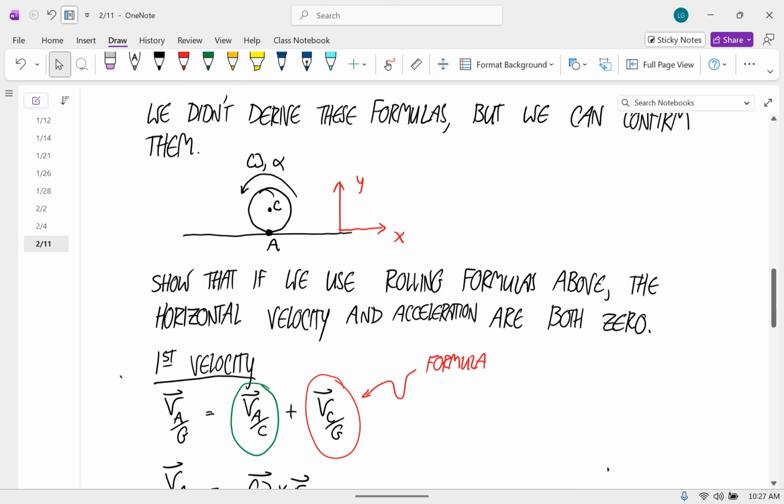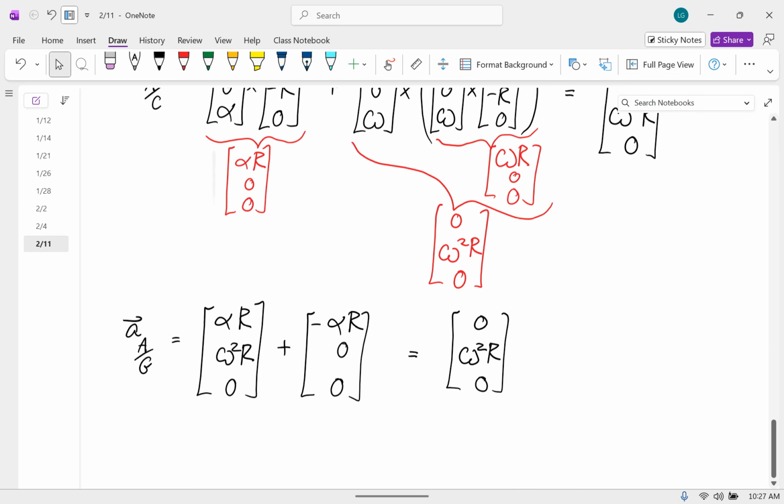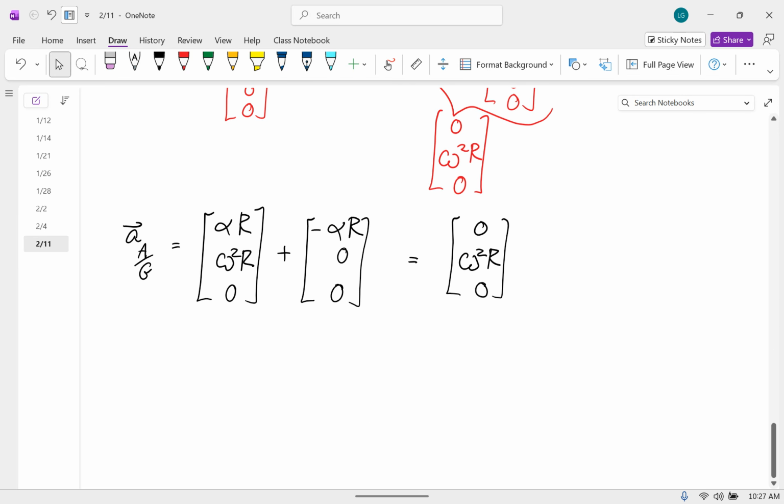So for this to slip, there would have to be a non-zero x component. Okay? So this works. Although it's worth noticing that that contact point does have a vertical acceleration related to centripetal acceleration.